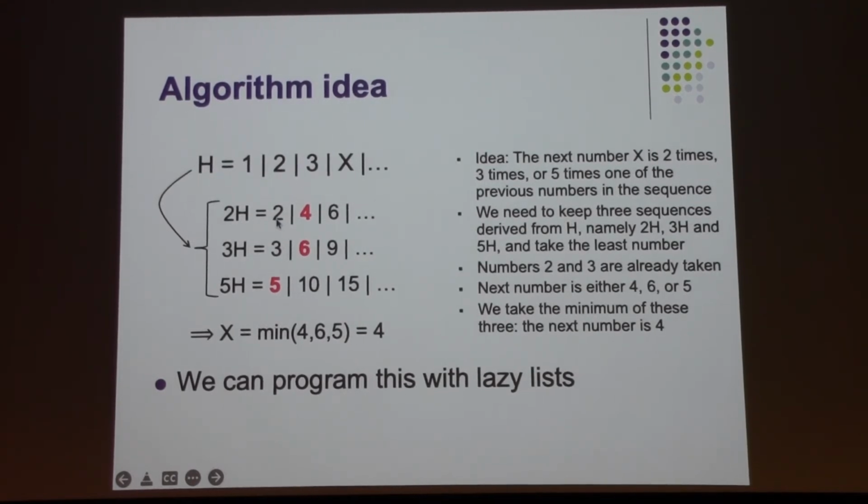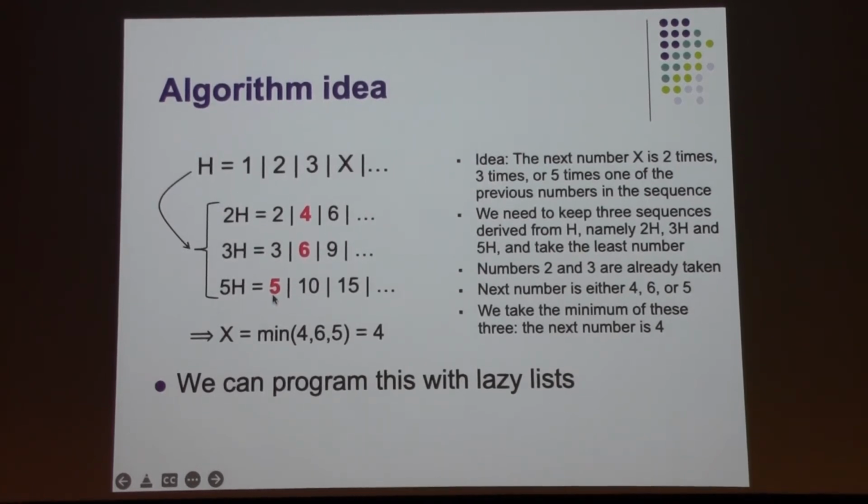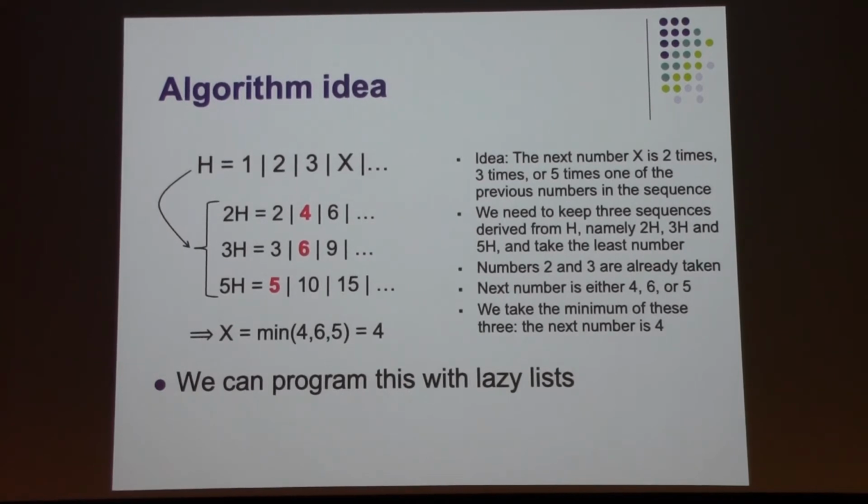So the first numbers that are not used are the ones in red: 4 is not used, 6 is not used, and 5 is not used. That means X has to be either 4, 6, or 5. It's the first one that would be a multiple of 2, 3, or 5 of a previous element.